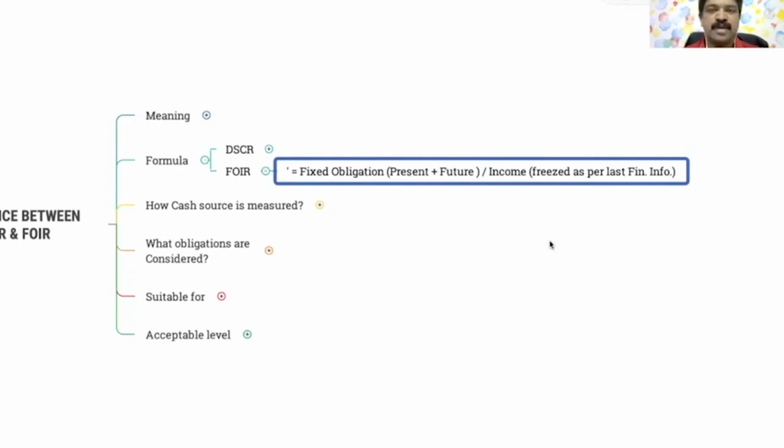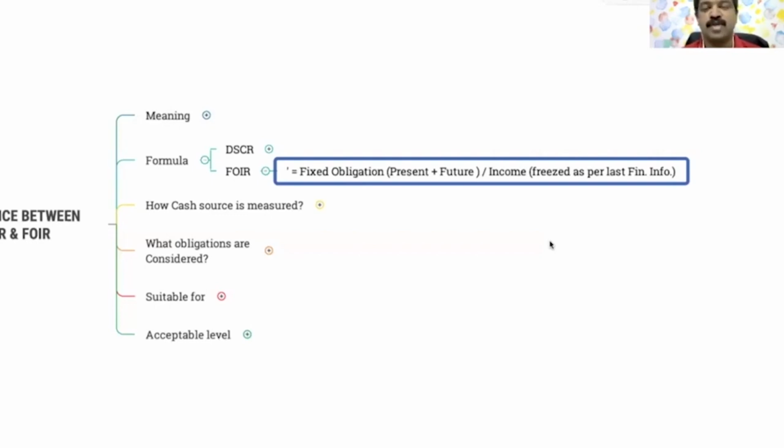That is, if the customer is approaching now, let's say we are in December 20, the customer is approaching loan now for let's say next 5 years. For next 5 years, what will be his cash profit? That will be based on his last submitted financials.